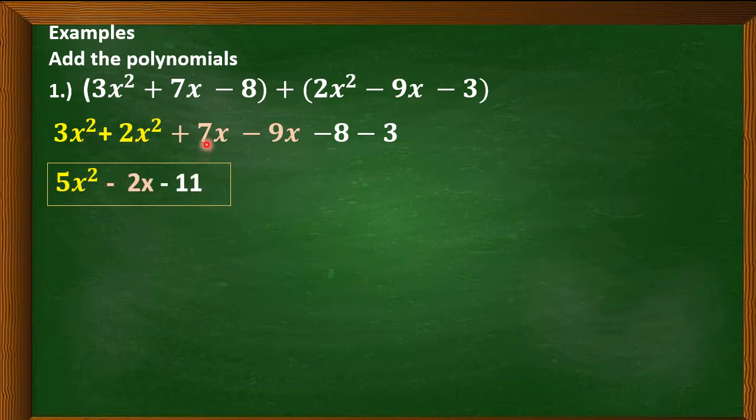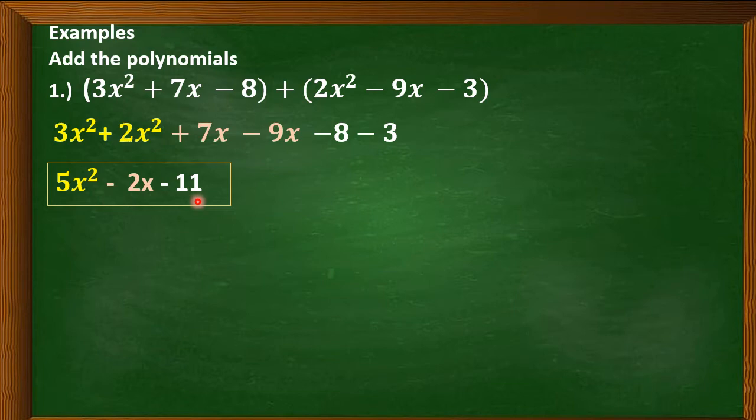Next, 7 plus negative 9 is negative 2, and then you copy the variable x. That's why we have here negative 2x. And lastly, we have negative 8 plus negative 3, that is negative 11. So our answer now is 5x squared minus 2x minus 11.